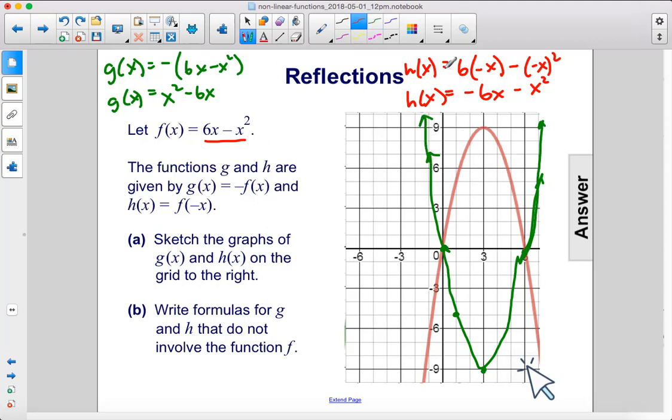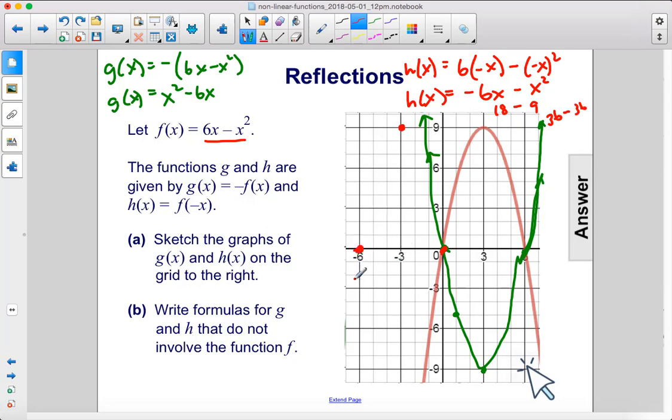Now let's draw h of x. So if we plug in 0 for x, we also have a point at the origin. Let's try negative 3. So negative 3 in here, that would be 18 minus 9, which is 9. So that's a point right here. If we plug in negative 6, we would get negative 6 times negative 6, which is 36, minus 36, which is 0.